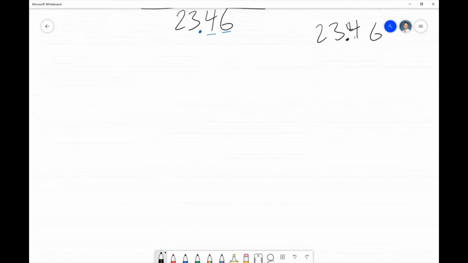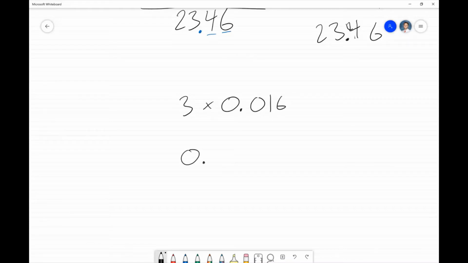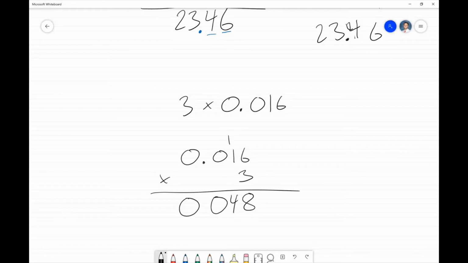So let's practice another one. Let's try 3 times 0.016. So we'll go ahead and write this one out. 0.016 times 3. 3 times 6 is 18. 3 times 1 is 3, plus 1 is 4. 3 times 0 is 0, and 3 times 0 is 0.